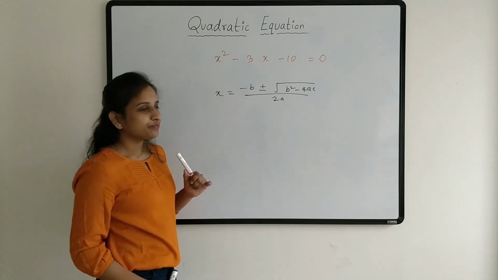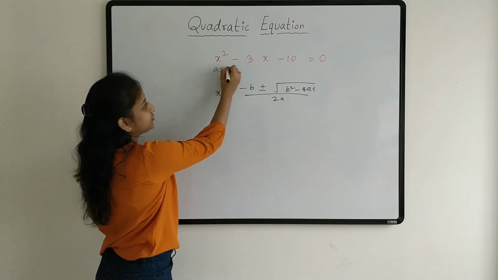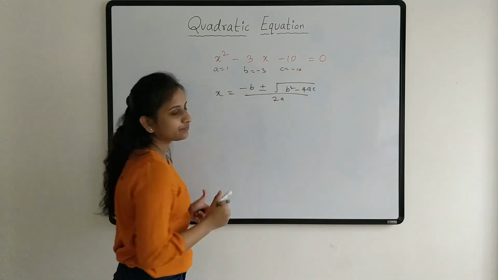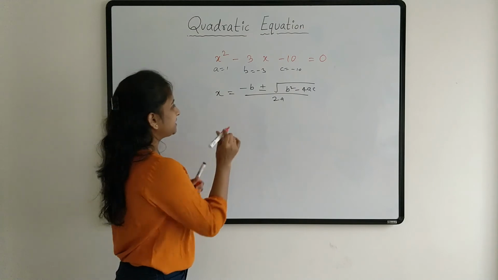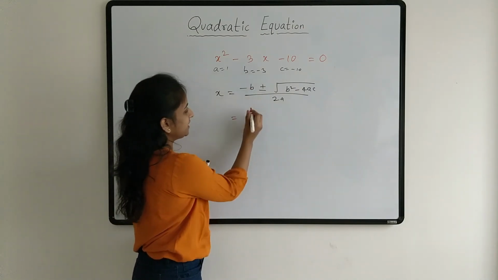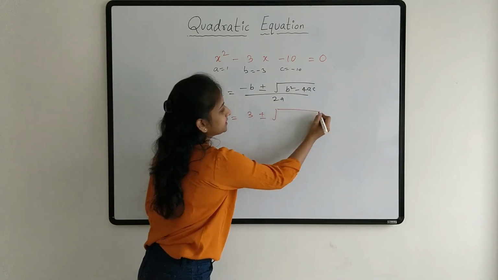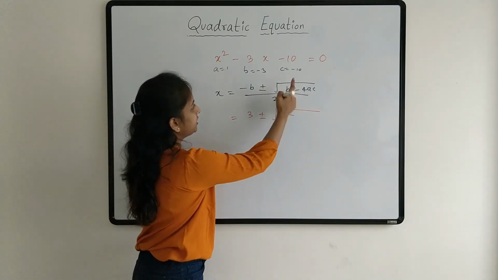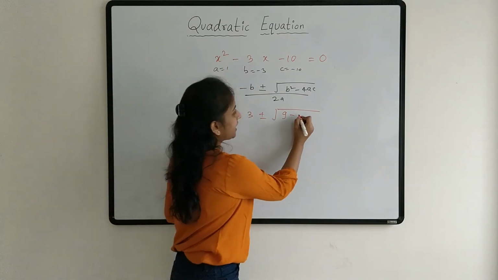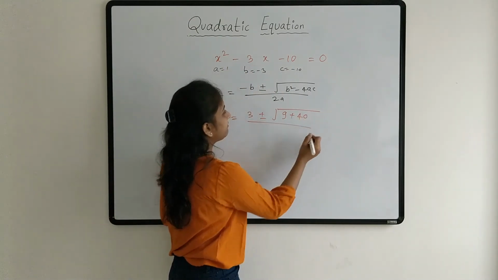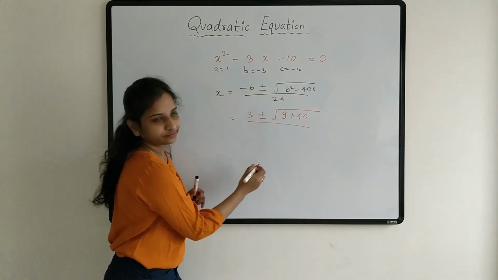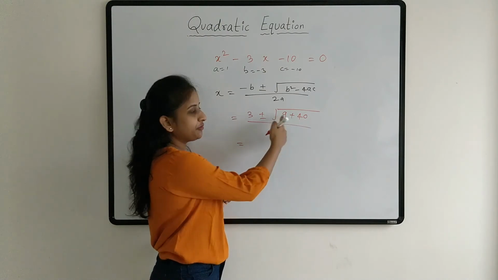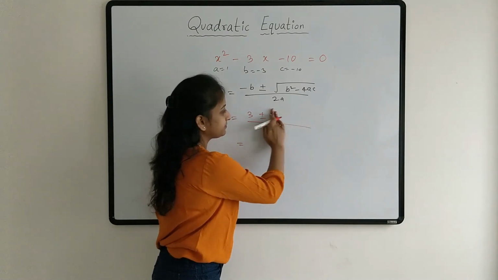In this case, a is 1, b is minus 3 and c is minus 10. So this expression is minus b plus or minus square root of b square minus 4 into ac, so that is plus 40, divided by 2a, that is 2. Now this is 49, and the square root of 49 is 7.